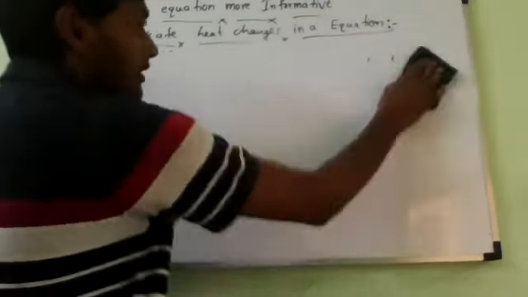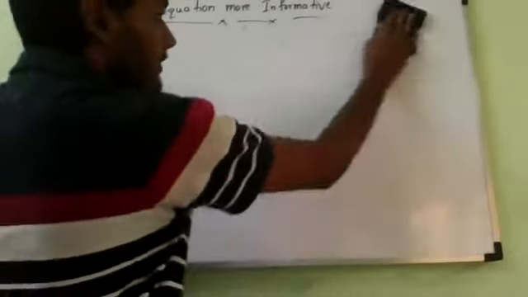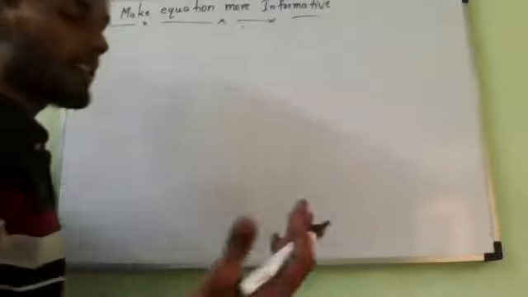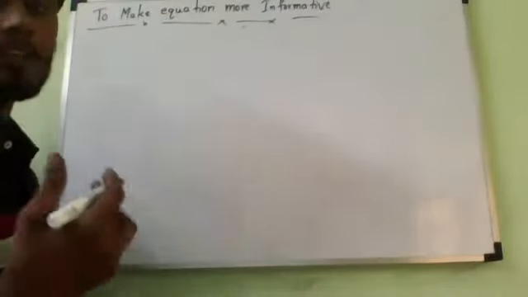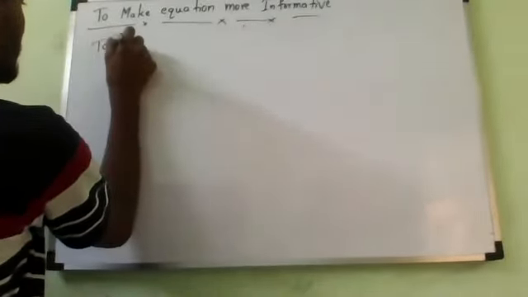So the third one to make the equation more informative is, note it down, to indicate the conditions under which the reaction takes place. If you are not providing these conditions, no reaction will take place. That is called the conditions under which the reaction takes place. Note it down.